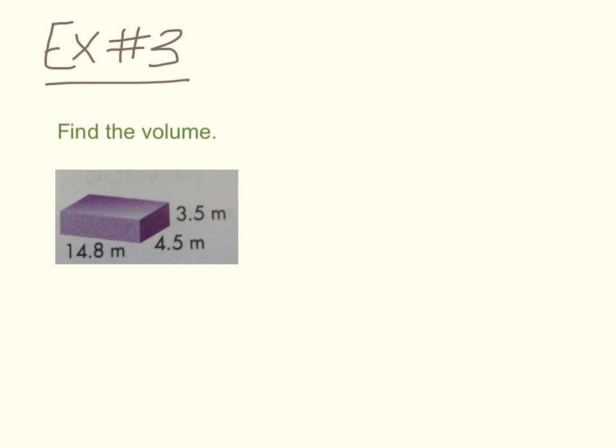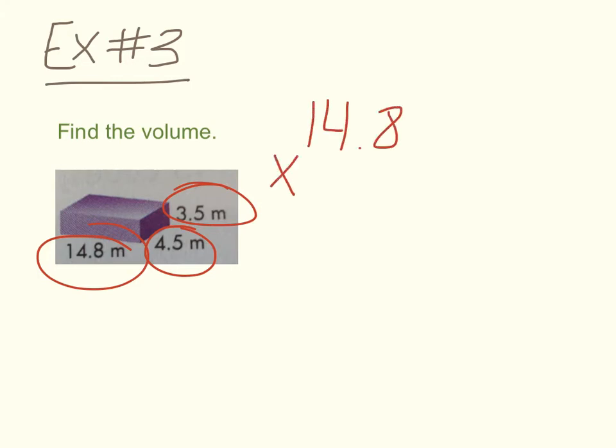Example 3, finding the volume: length times width times height. So we have 14 8/10 times 4 5/10. Let's do those two first, and they're in decimals, so decimals are a little bit easier to work with. So we multiply like normal.